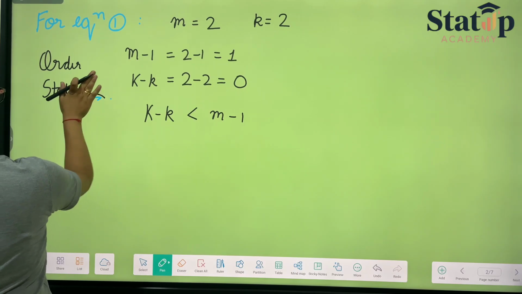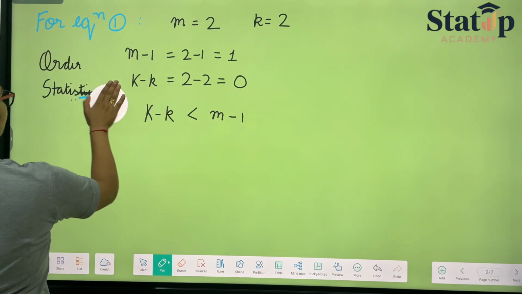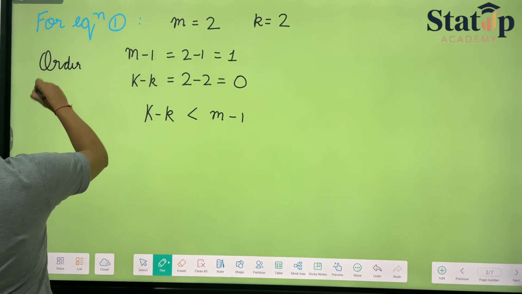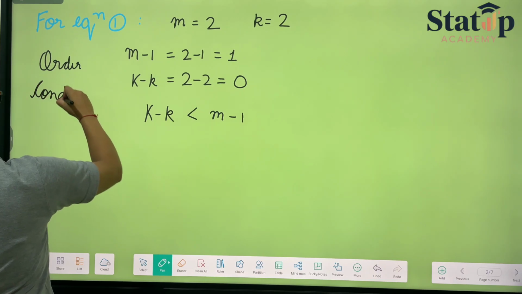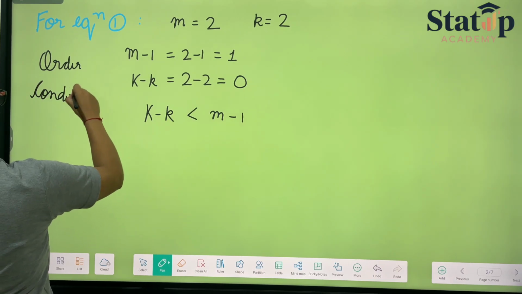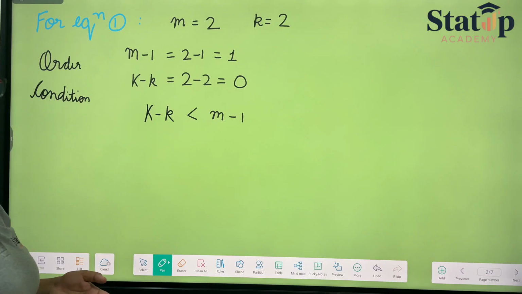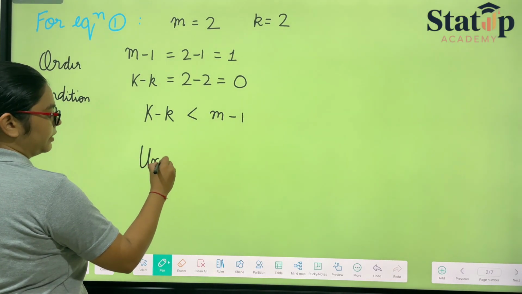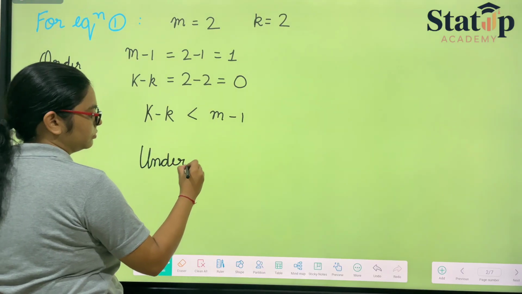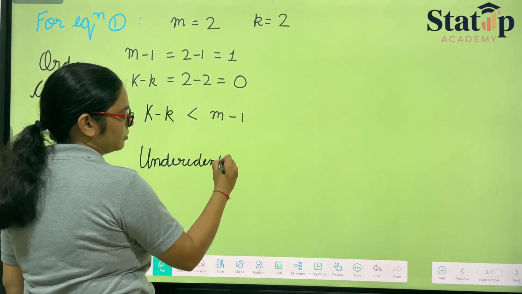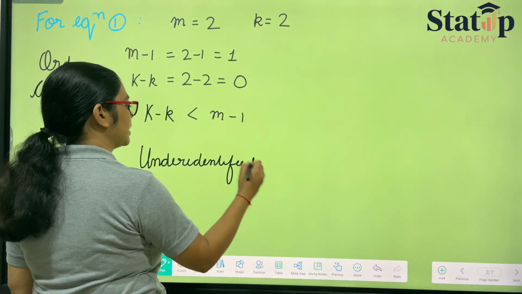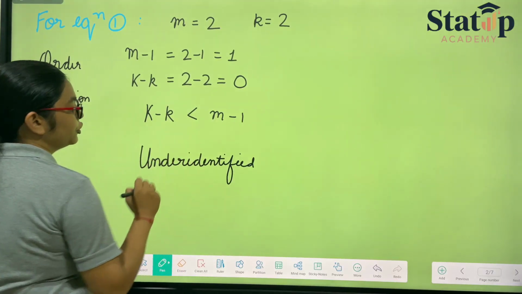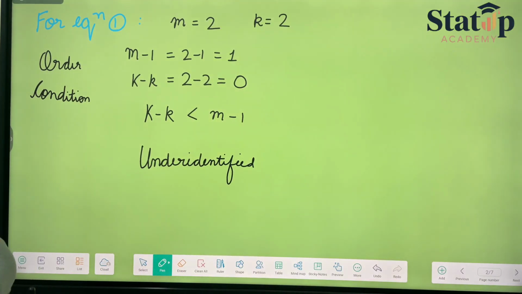Since K minus k is less than m minus 1, it is under identified, and under this condition we cannot move to the rank condition.